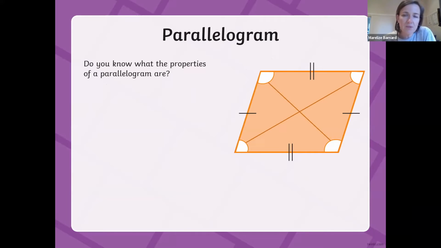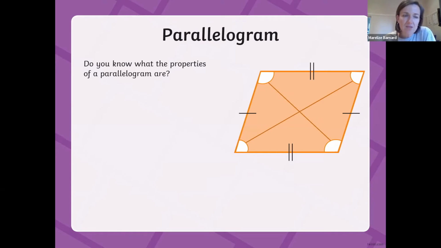So what are the properties of a parallelogram? The diagonals bisect. Well done. A square is also a parallelogram, yes, because the opposite sides are parallel.